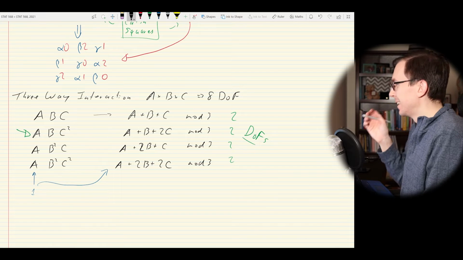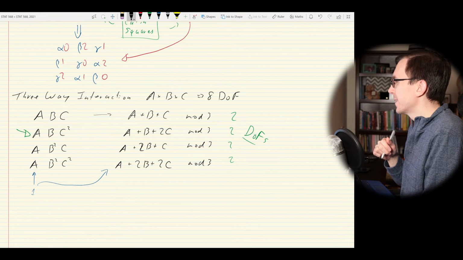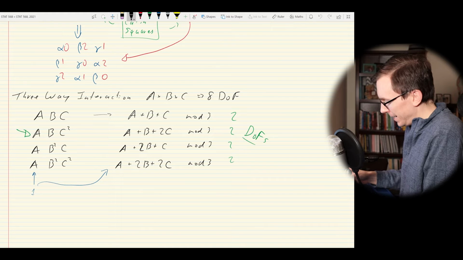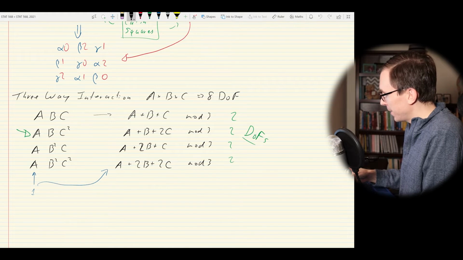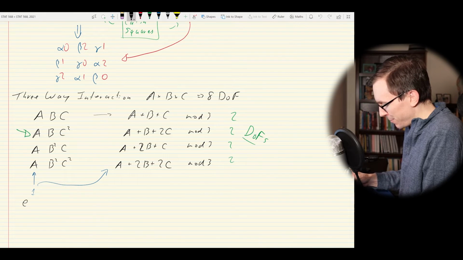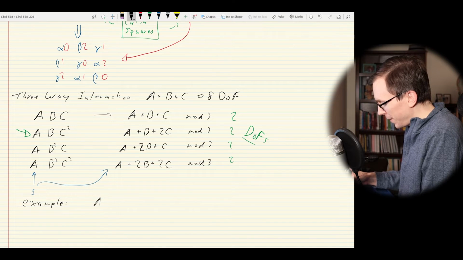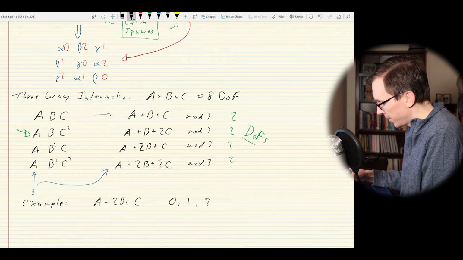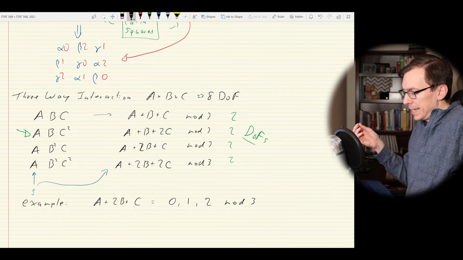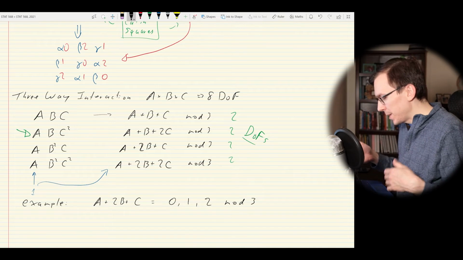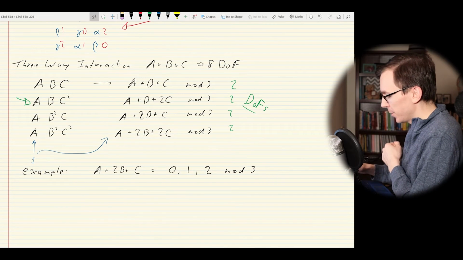Let's consider A plus 2B plus C. If we had the interaction A plus 2B plus C, that's going to take on values of 0, 1, and 2 mod 3, depending on what my values of A, B, and C are.